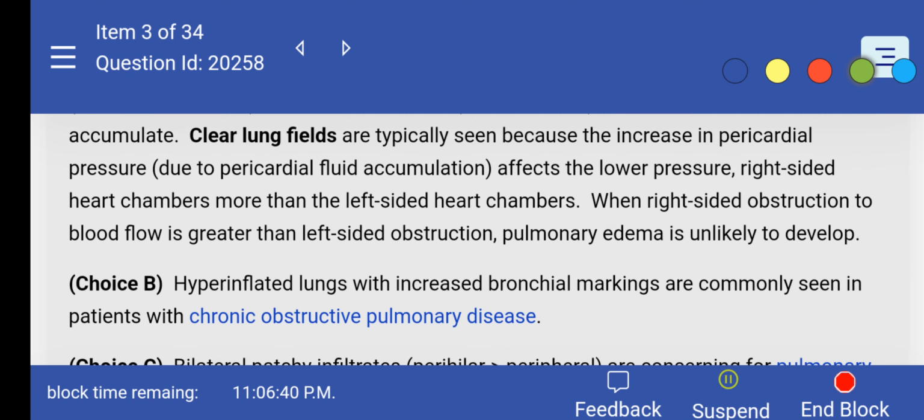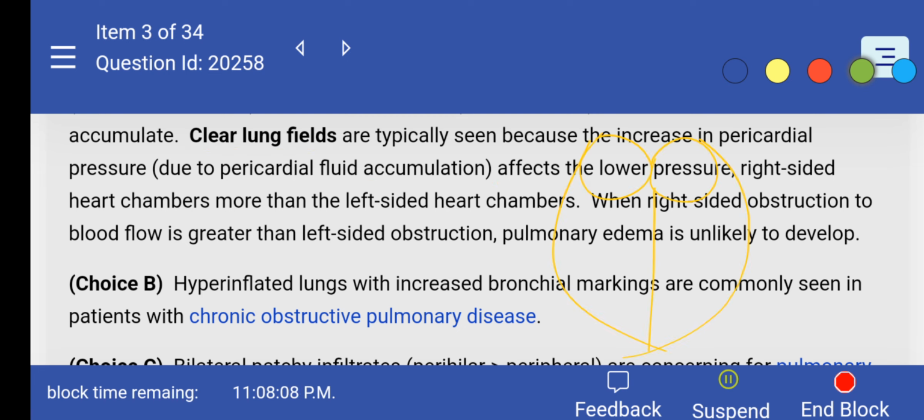Clear lung fields are typically seen because the increase in pericardial pressure due to pericardial fluid accumulation affects the lower pressure right-sided heart chambers more than the left-sided heart chambers. When right-sided obstruction to blood flow is greater than left-sided obstruction, pulmonary edema is unlikely to develop.